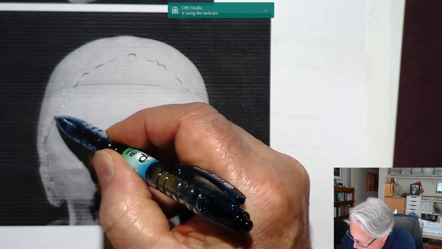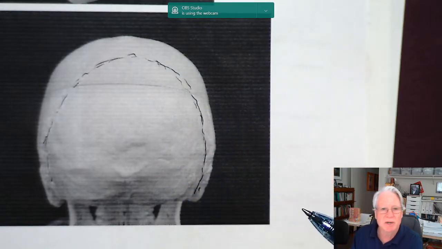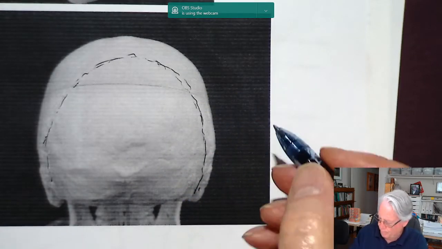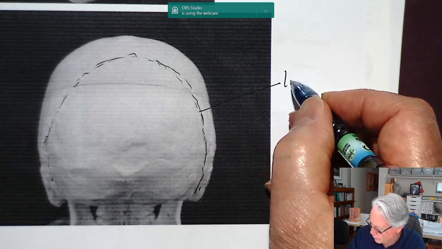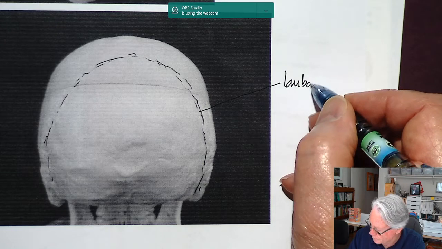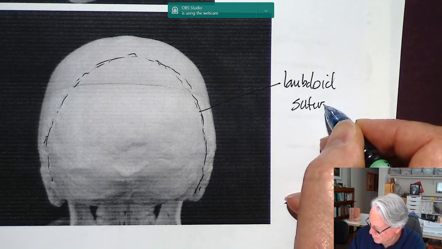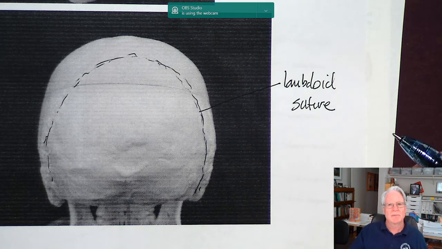So this is going to be my lambdoid suture. Okay.